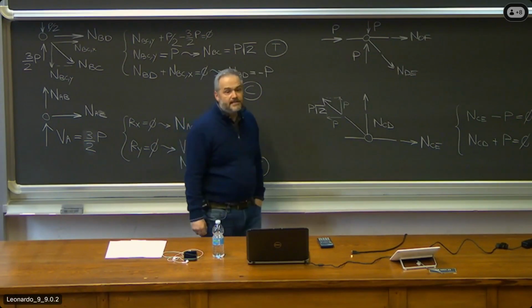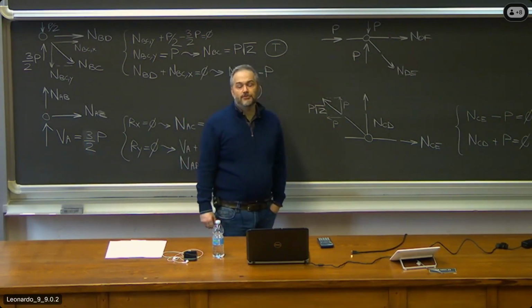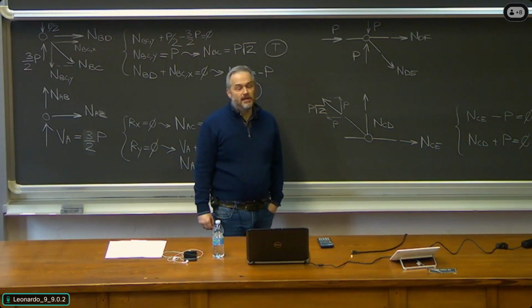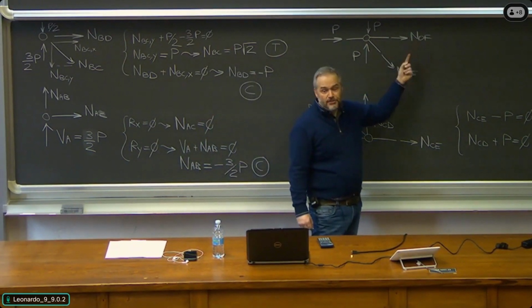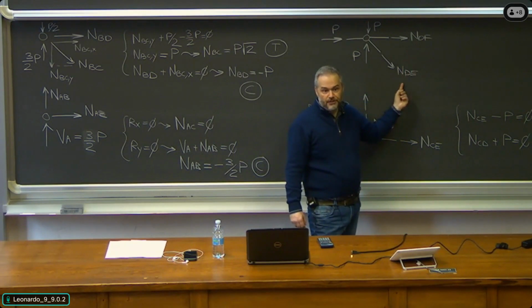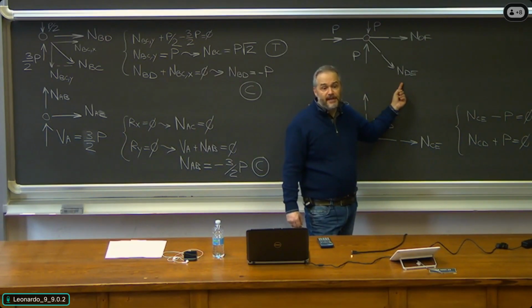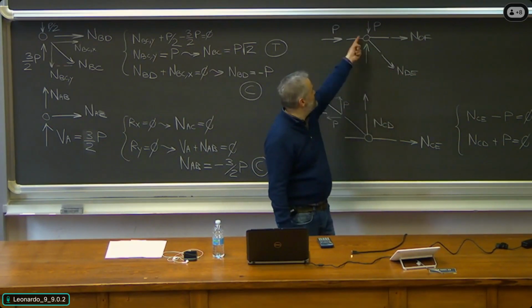Now, in this case, the choice of where to start from is obvious. In the horizontal direction, again, we have this axial force and the component of this axial force, so it's better to start with the vertical equilibrium. But the vertical equilibrium is very easy because what do we have in terms of applied loads on this node? We have P upwards and P downwards.